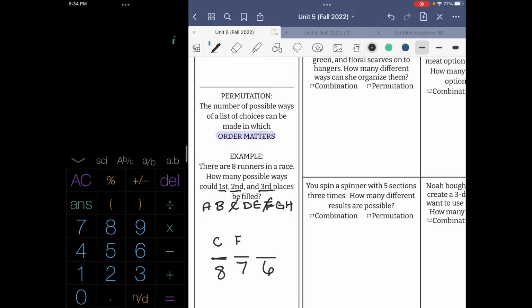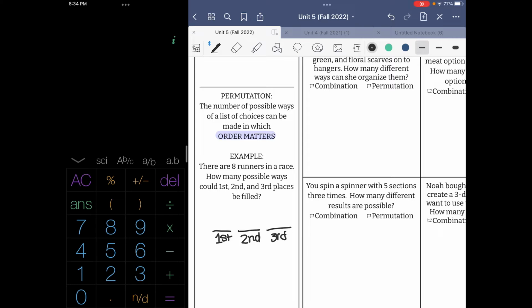Okay, so basically what's going on here is you have to ask yourself, how many positions do you have to fill? First, second, and third. And then you have 8 choices for the first one because there's 8 runners. But then you've used a runner, so you only have 7 runners left for the second one.